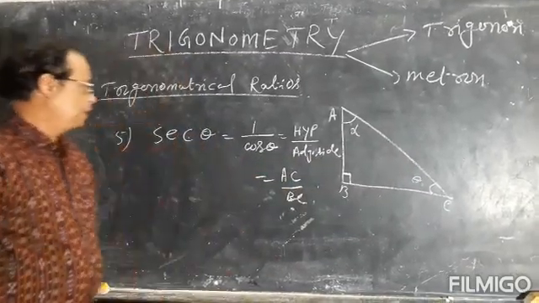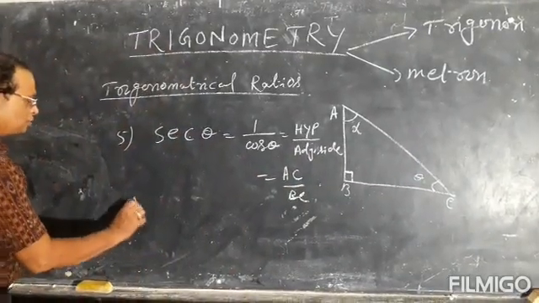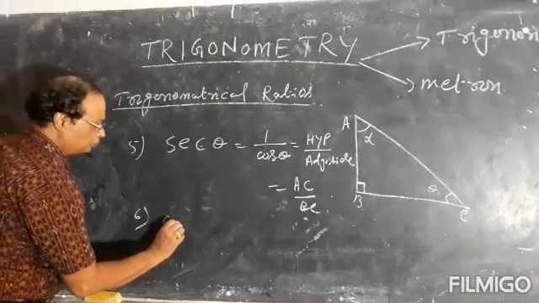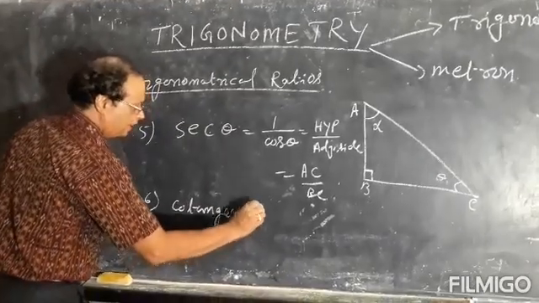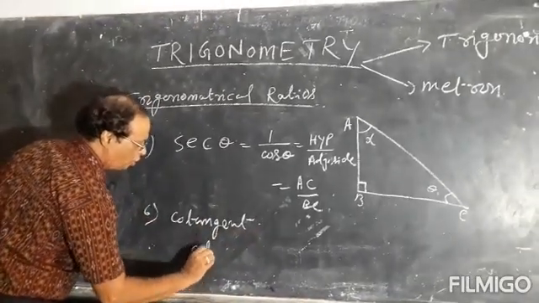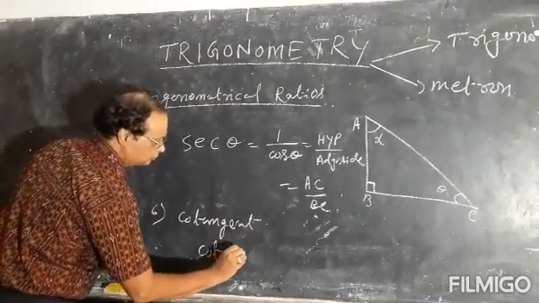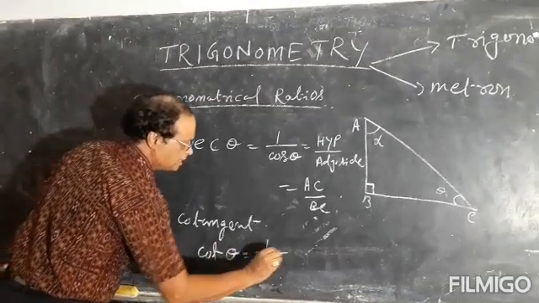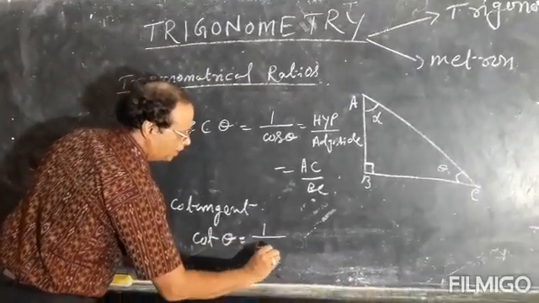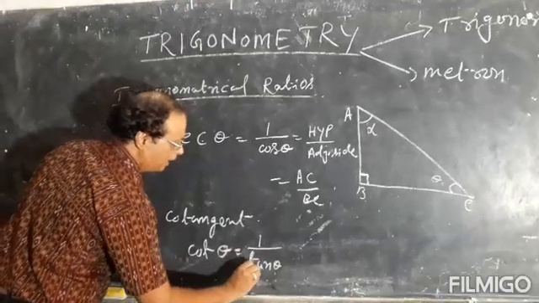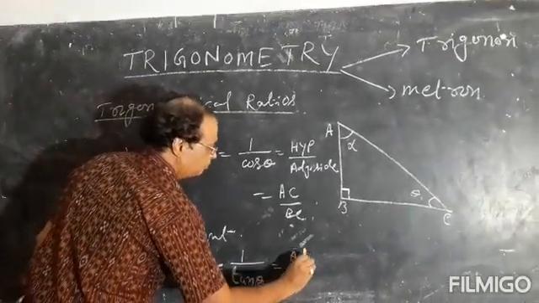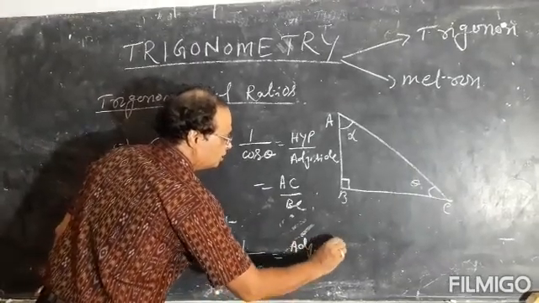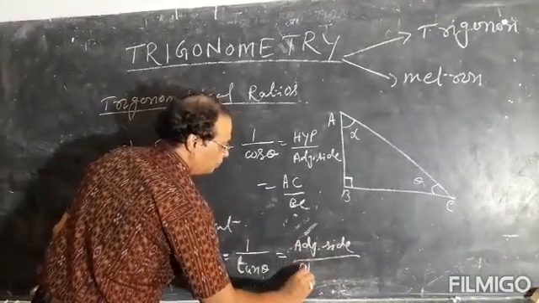Clear? Now the sixth one, the last one, is cotangent, which in short we write as cot theta. Cot theta is the reciprocal of tan theta, 1 by tan theta. So this is adjacent side by opposite side.